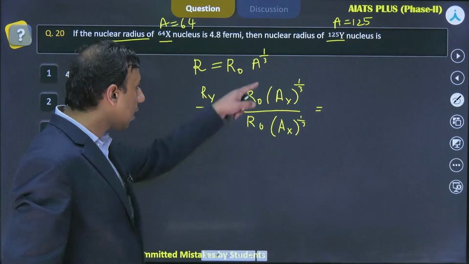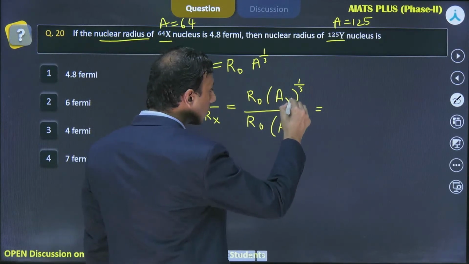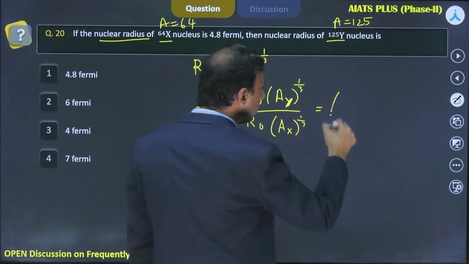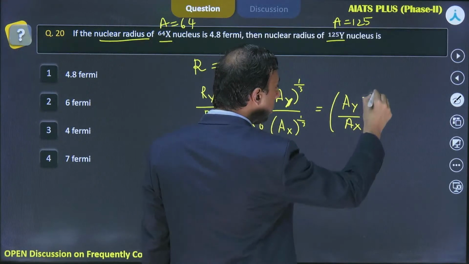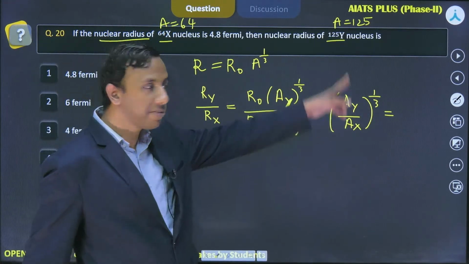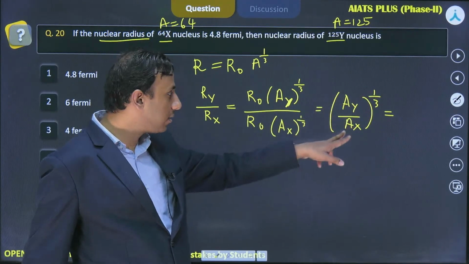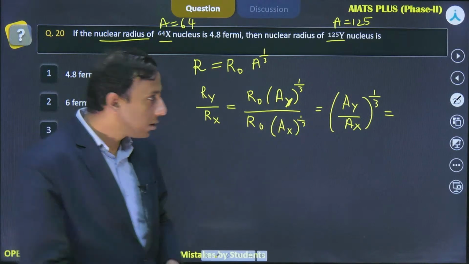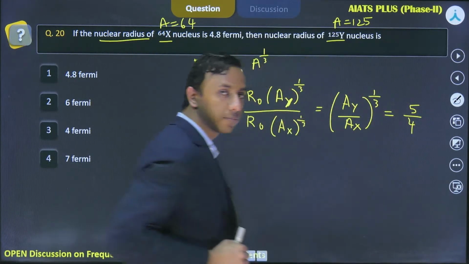R naught also cancels, so it is simply Ay by Ax whole to the power 1 by 3. Ay is 125 and Ax is 64. The cube root of 125 is 5, and the cube root of 64 is 4. So this you can directly write down as 5 by 4.